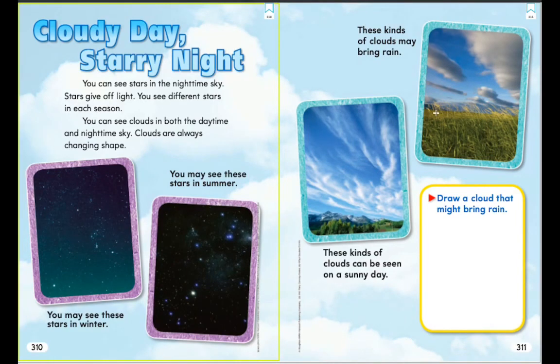Clouds you see both in daytime and nighttime, but stars you don't see in daytime. You only see them in nighttime. Draw a cloud that might bring rain. So you have to draw a cloud that might bring rain, which means you need to color it gray. Don't color it blue, color it gray. Draw a cloud and then color it gray. Okay?